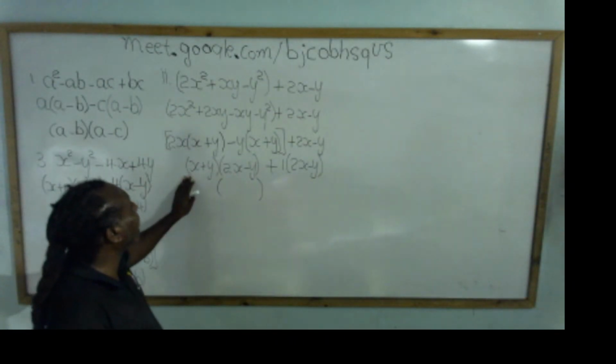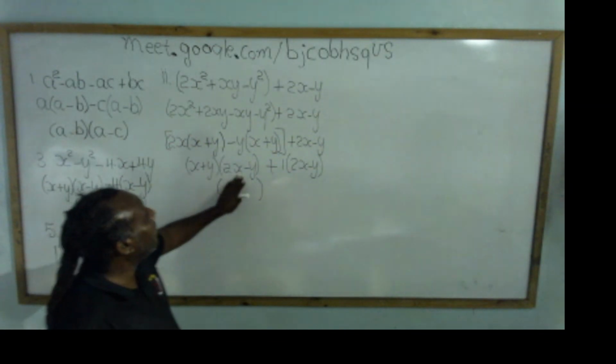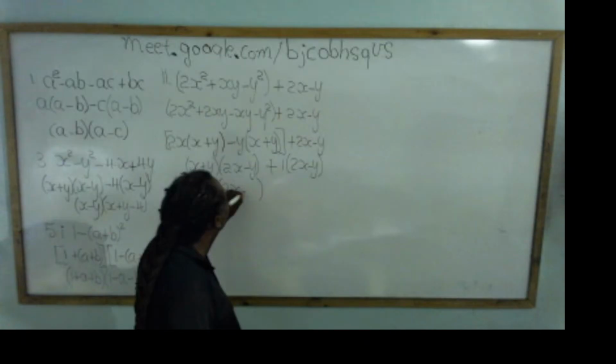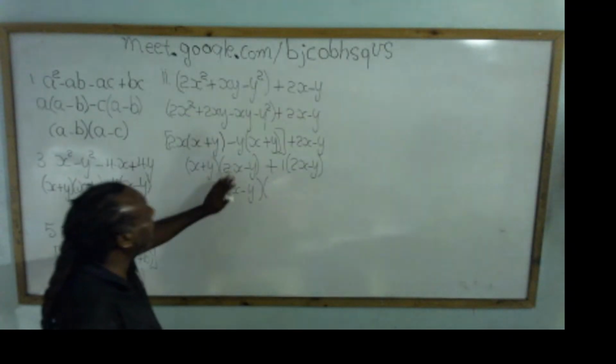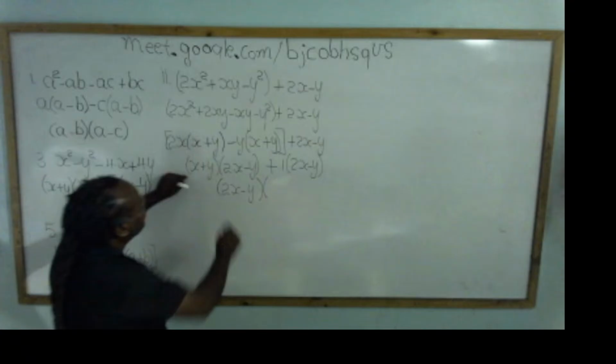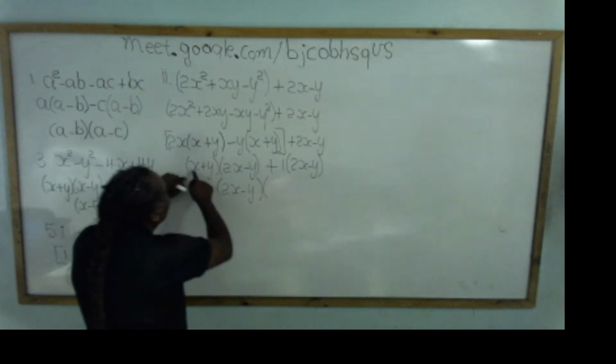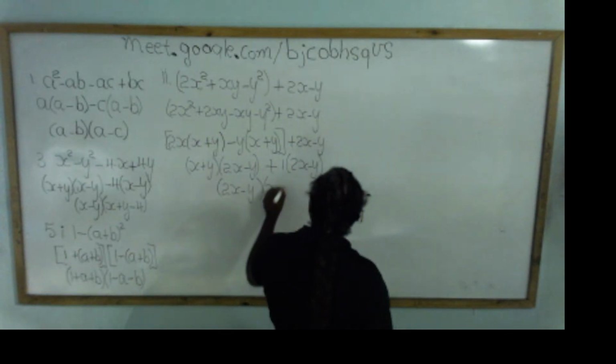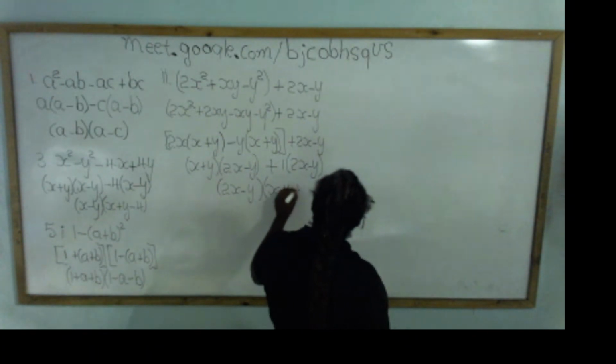So the common factor would have been 2x minus y. And then what's in the big bracket? Everything is left. So 2x minus y is the common factor, and we'll have x plus y plus 1 in the next one. x plus y plus 1 will go right here.